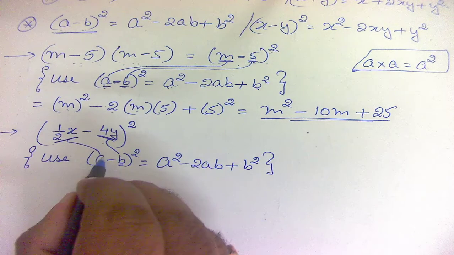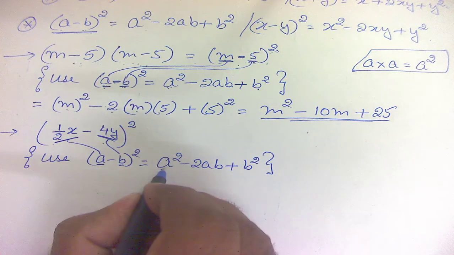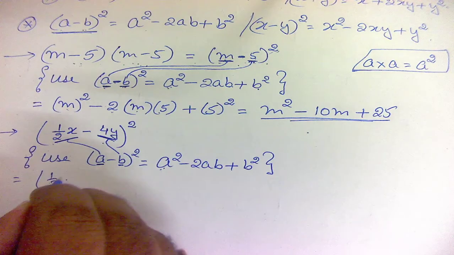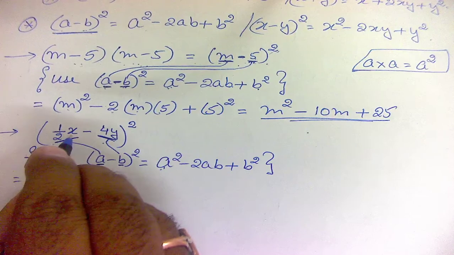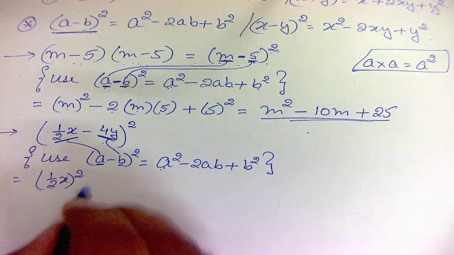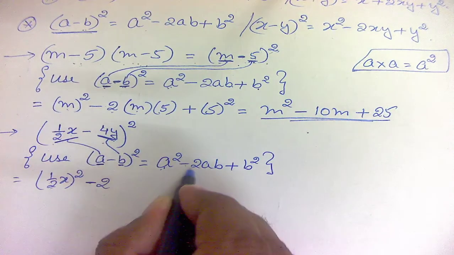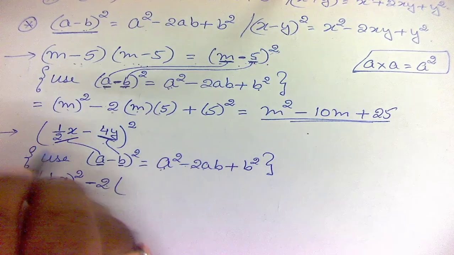So what will be done now? Using the identity, a squared is the square of 1/(2x), since a is replaced with 1/(2x). Then minus 2 multiplied by a multiplied by b.